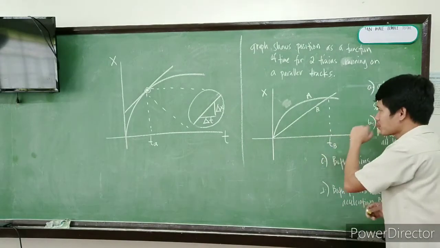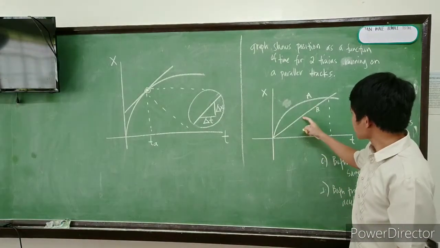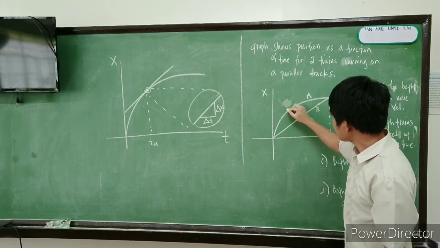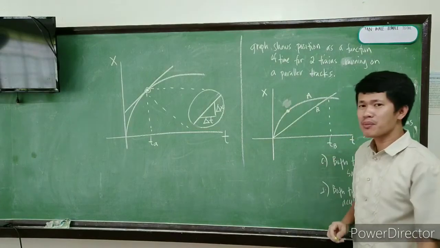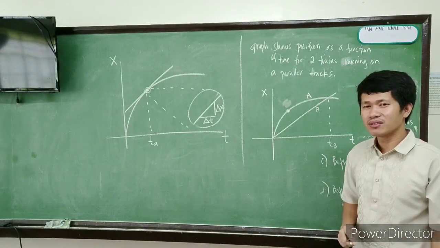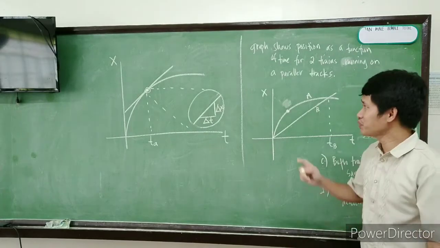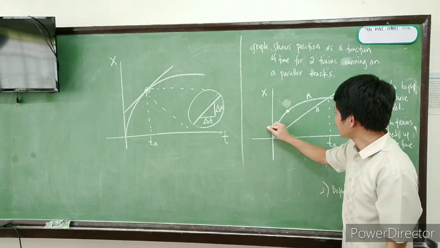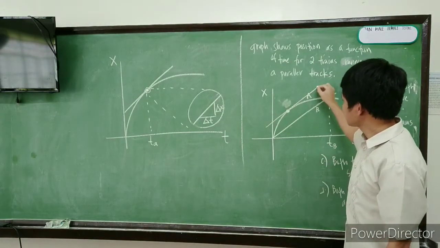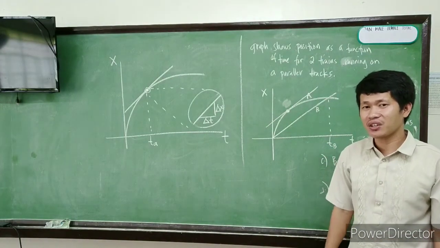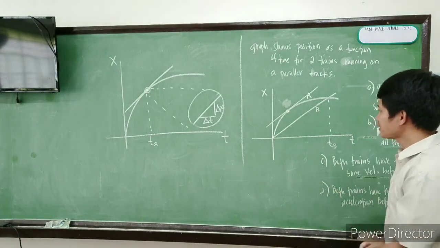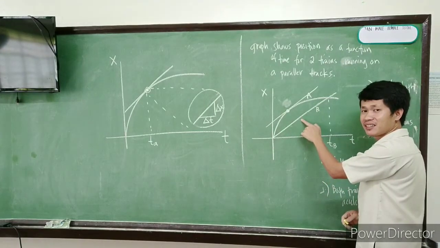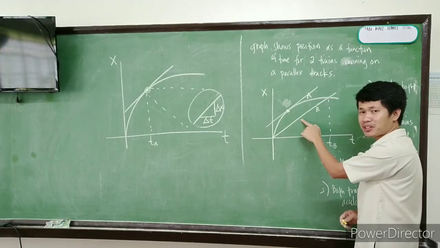Okay ba yan? So, the point is this. Tingin ko, at this point, pag kinuha mo yung instantaneous velocity niya, yung velocity niya at this point, pag mag-drawing ka dyan ng straight line along the curve, tangent line along the curve, then yung instantaneous velocity nito would be the same as this. Nag-guess ba yung point na yan?